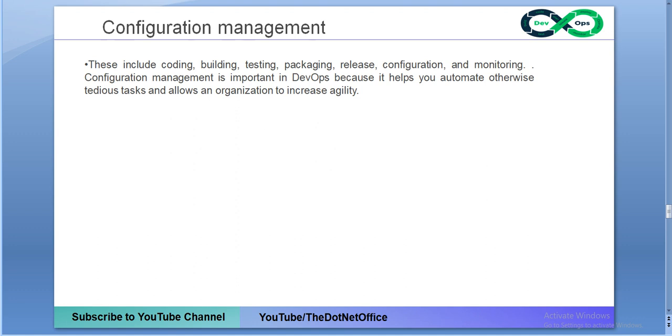So once we deploy the code to the server, it is not working on the test server or the production server. So that can give us a problem. So how can we resolve this problem? We use configuration management.